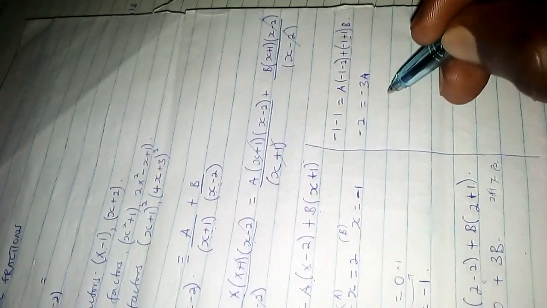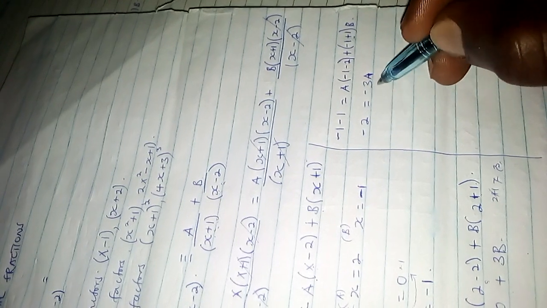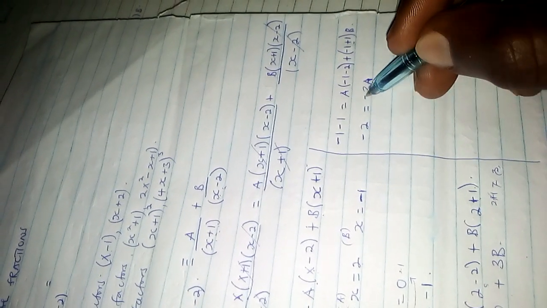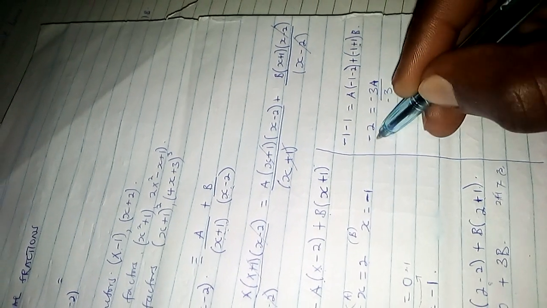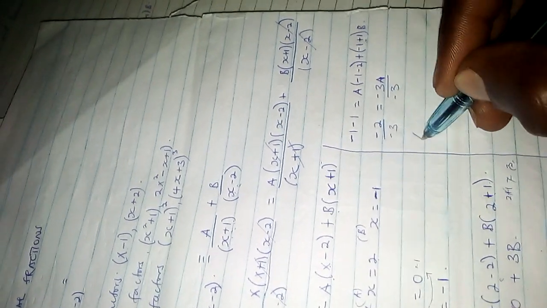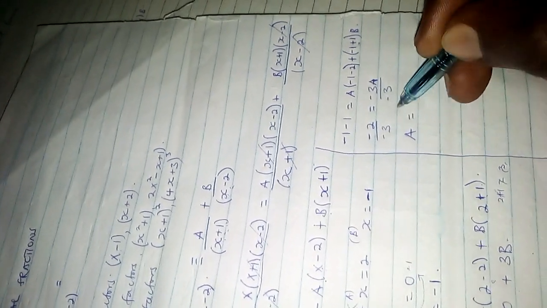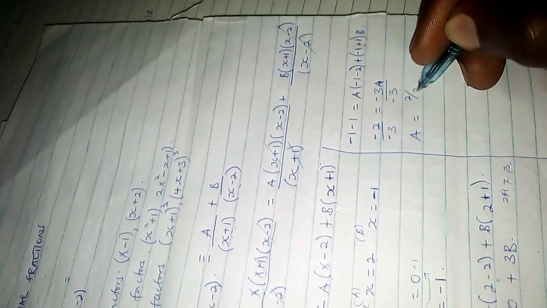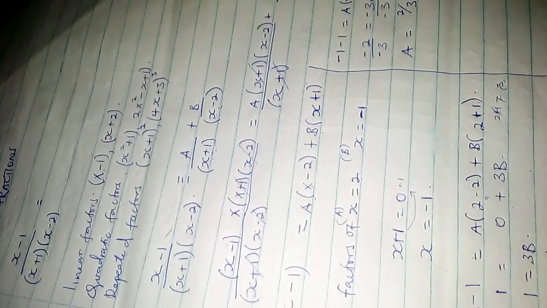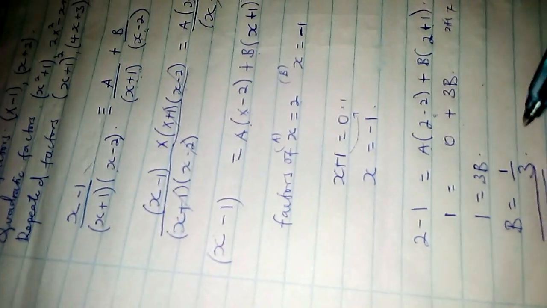So minus 2 equals minus 3a. Dividing by minus 3, a equals 2 over 3. That is our a, and this is our b.